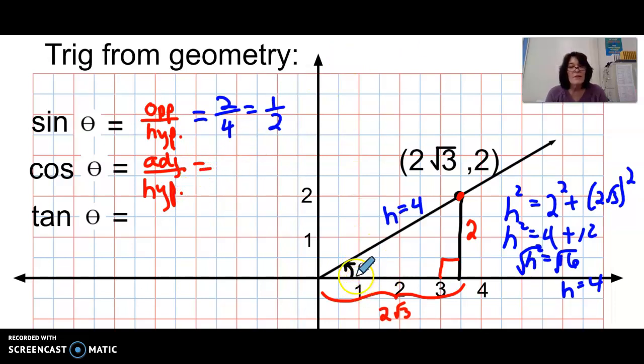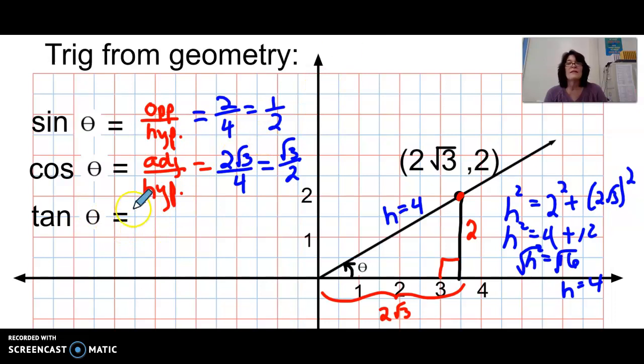So I look and see, compared to theta, the adjacent side, the side that helps make up the angle with the hypotenuse, is 2√3. So I have 2√3 over 4. I'm going to reduce this 2/4 to 1/2, so this is really square root of 3 over 2.